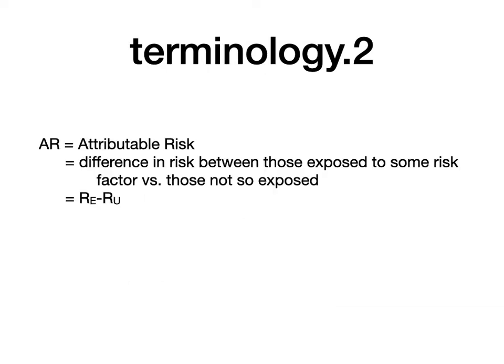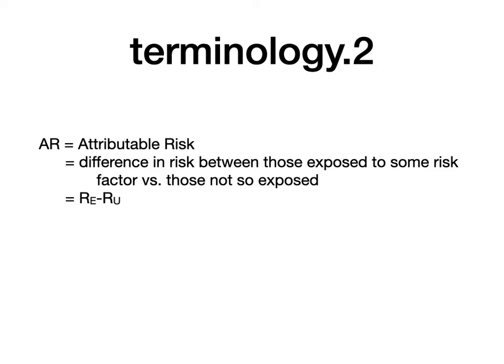Let's do another terminology. Attributable risk. That is the difference in risk between those exposed to some risk factor versus those not so exposed. And in this case, it's just one minus the other. Very straightforward.